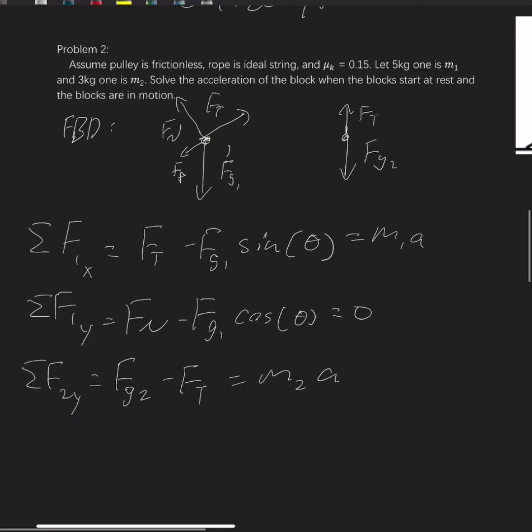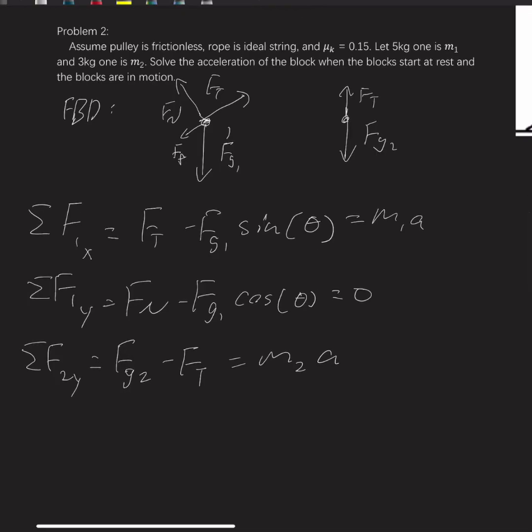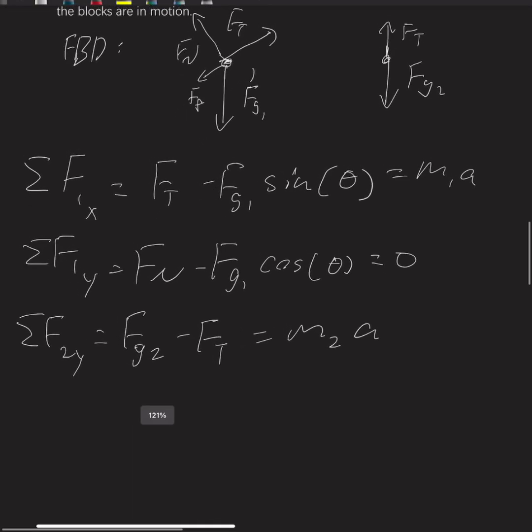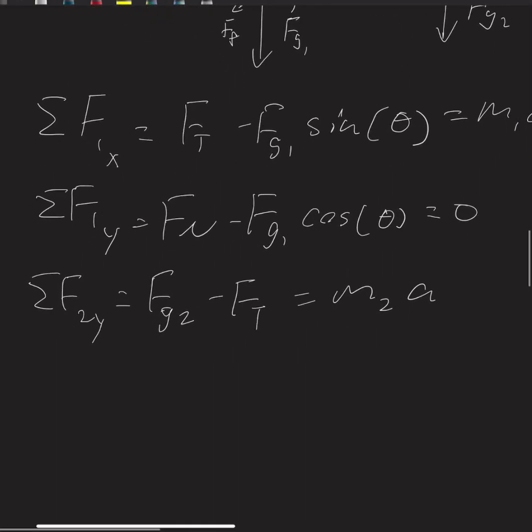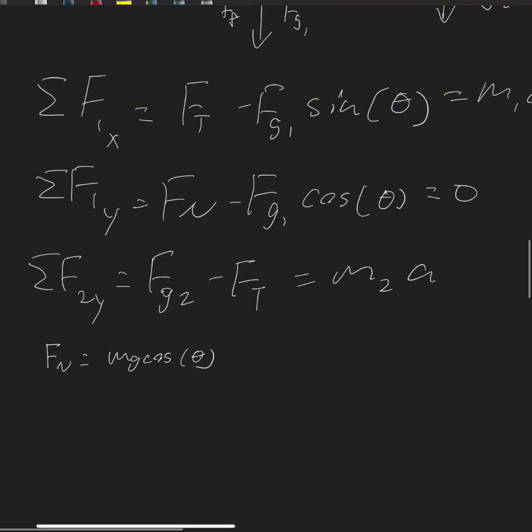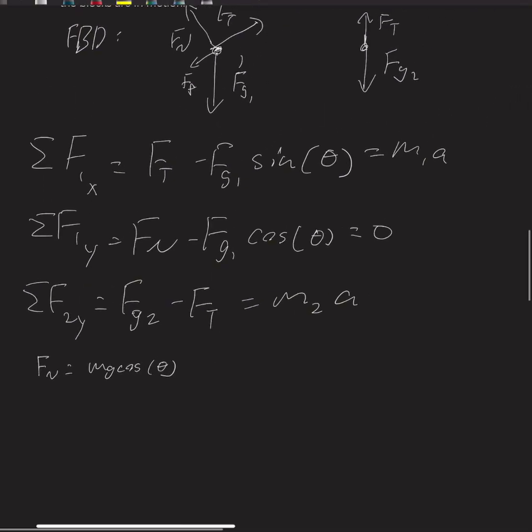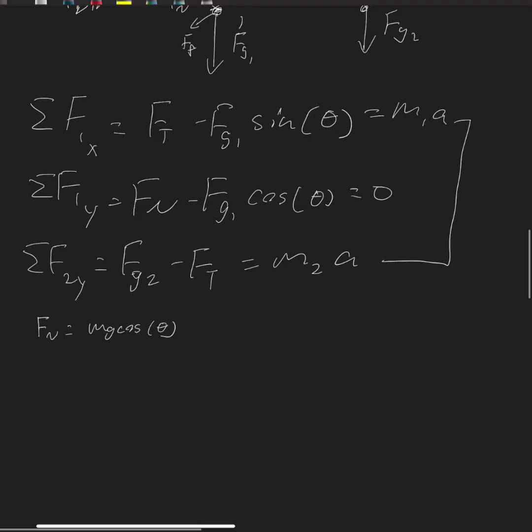Okay, so right now what we can do is, for the second equation, solve for Fn equal to mg cosine theta. And now we want to cancel out Ft. How do we do it? We add the first and third equations, where the Ft has opposite sign, so when we add them, it cancels out. So let's do it.